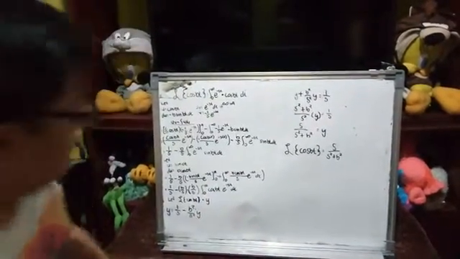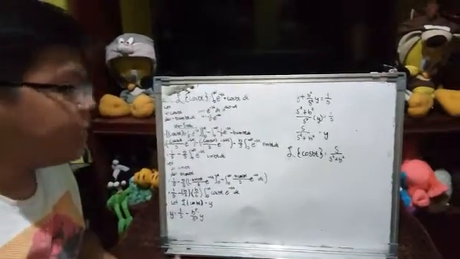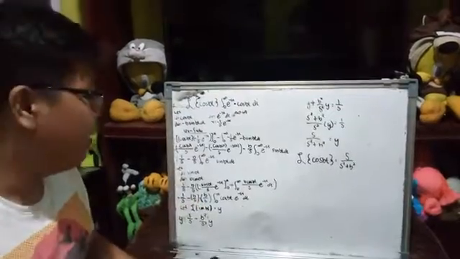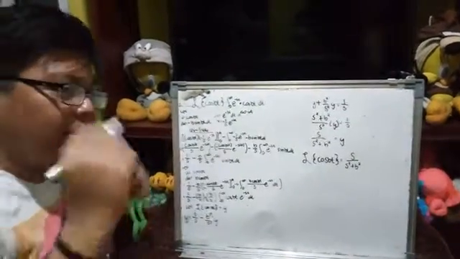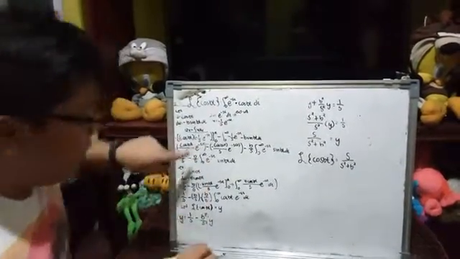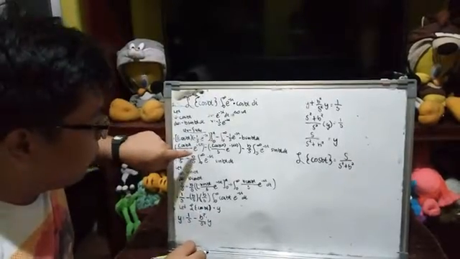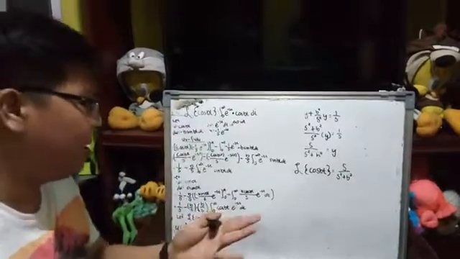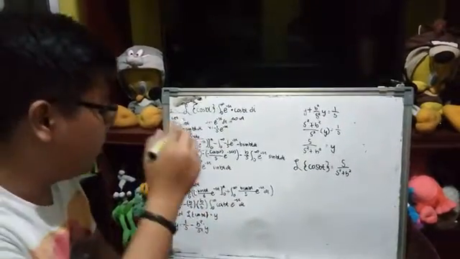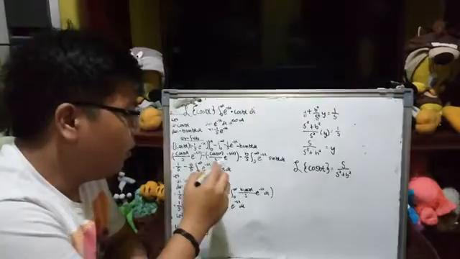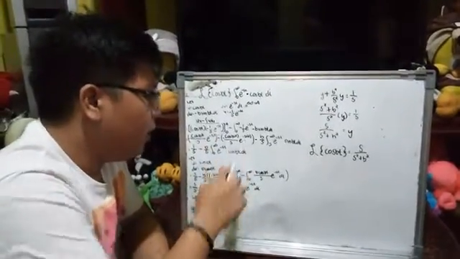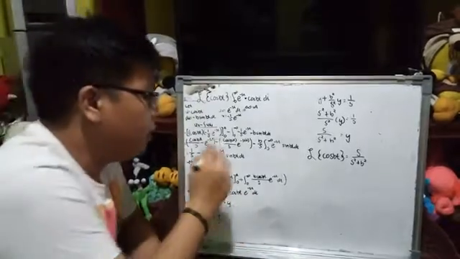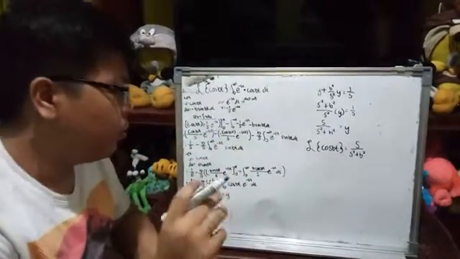If you raise e to a very large negative power, it will just be equal to 0. So I'm just gonna cancel it, because if you multiply 0 here, you're just gonna get 0. Next, the value of e raised to 0 is equal to 1, and cosine 0 is equal to 1.